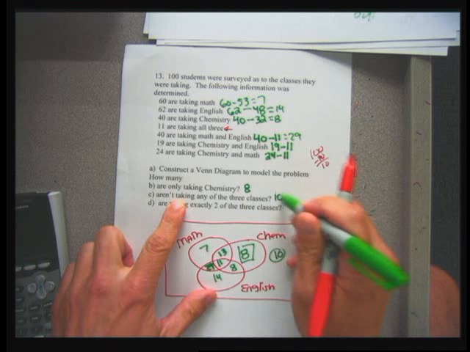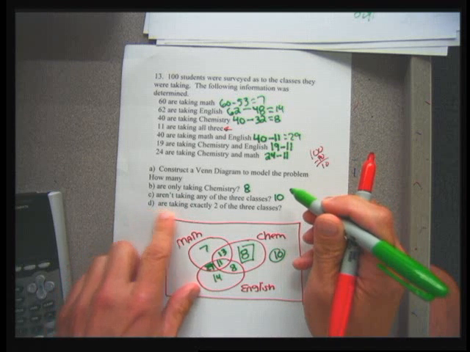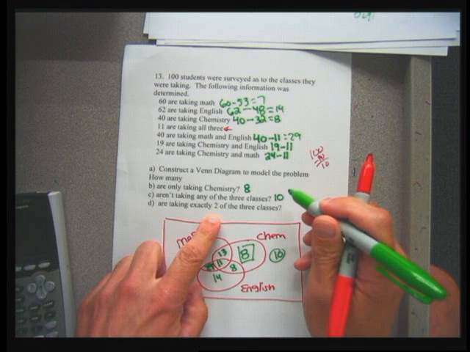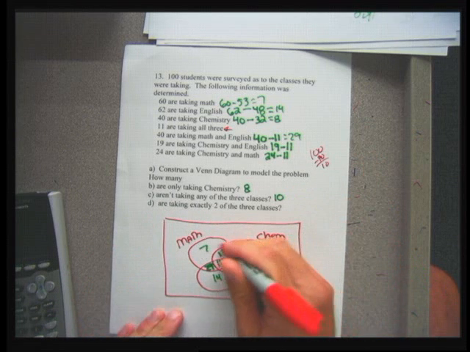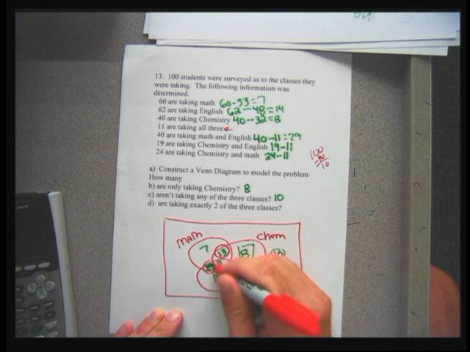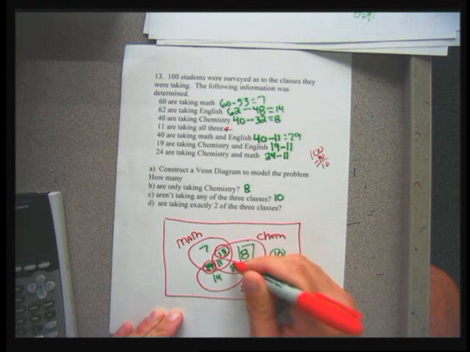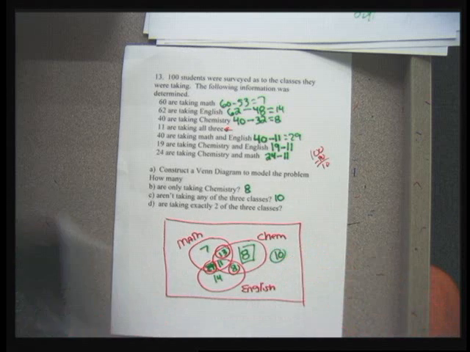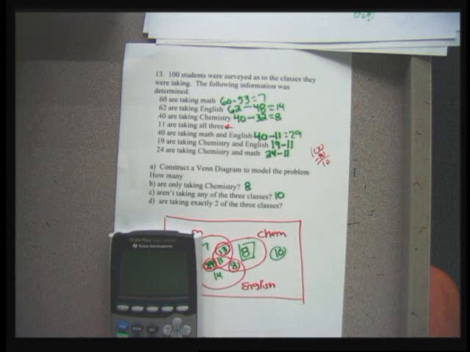It's those 10 there. And for part D, how many are taking exactly 2 of the 3 classes? That's these regions. The 13 here that are taking math and chem, the 29 that are taking math and English, and the 8 that are taking English and chem. For that part, I'm going to add up the 13, the 29, and the 8, and I get 50 students.